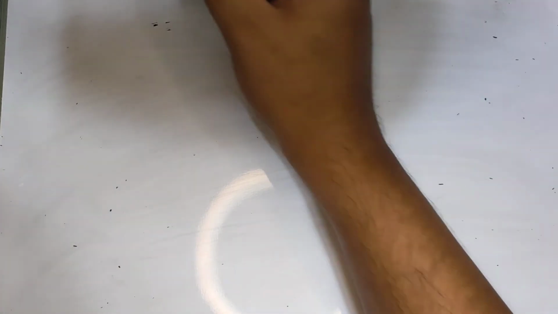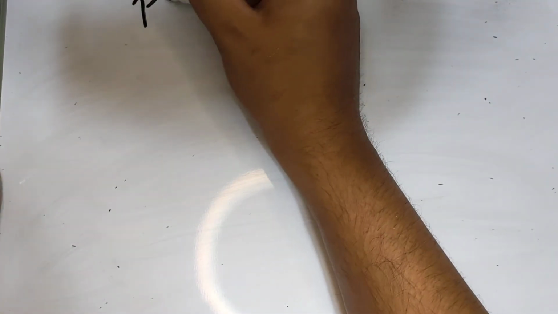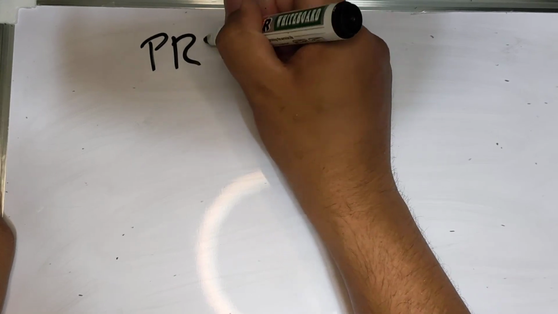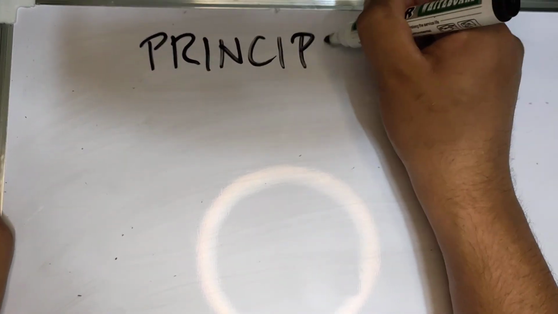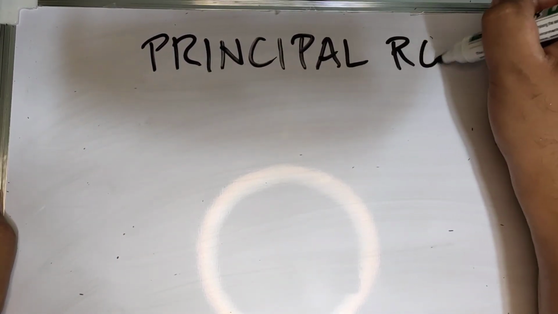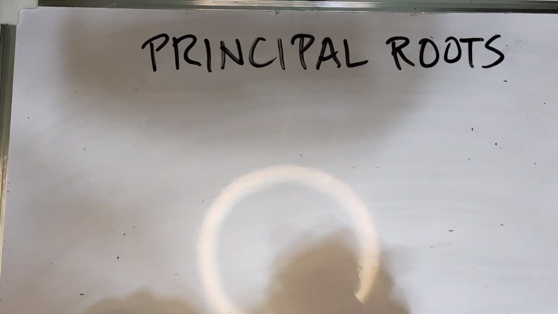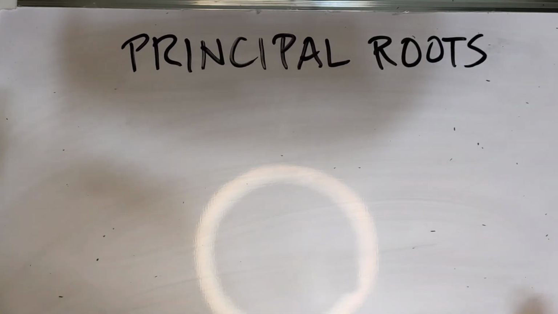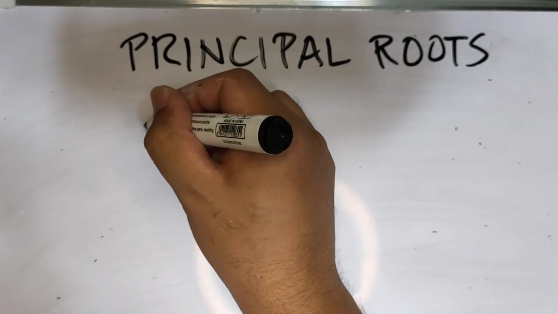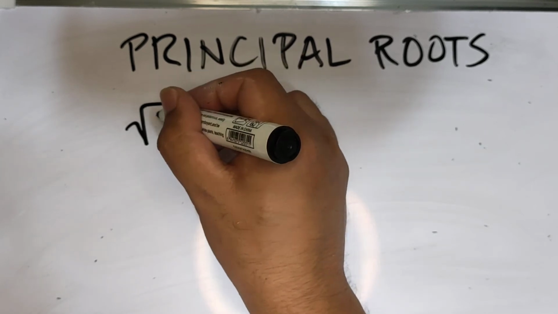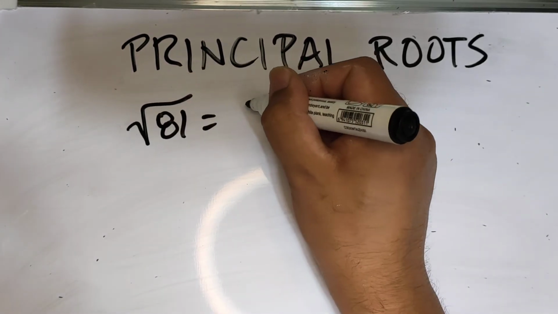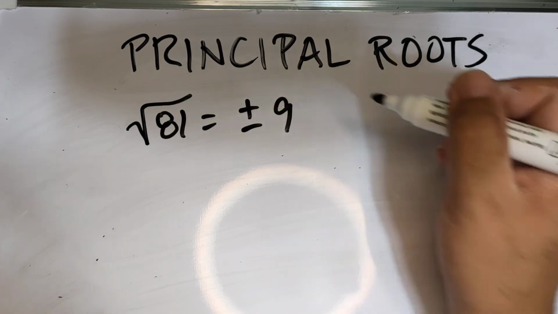How about principal roots? Ano naman ang ibig sabihin ng principal roots? So, principal roots. So, kanina pinag-usapan natin yung square root. Okay? Ngayon naman, principal roots or specifically, principal square roots. Okay? So, a while ago, nalaman natin na ang square root ng 81 ay positive negative 9.